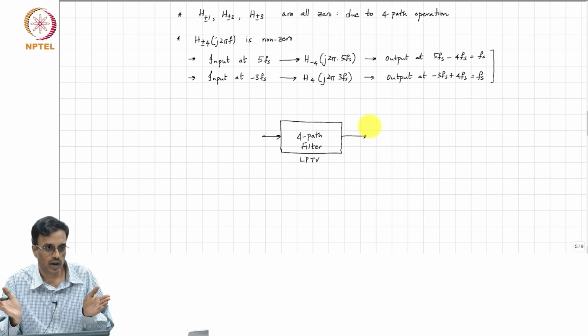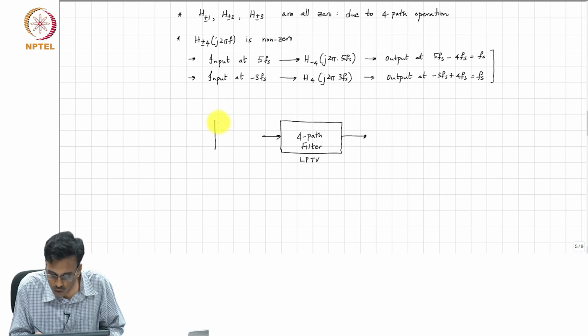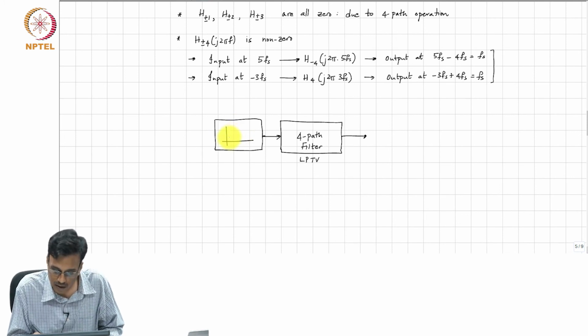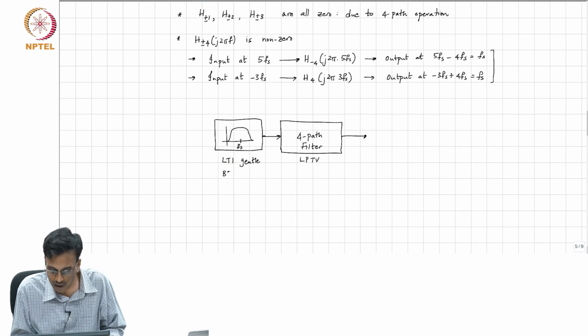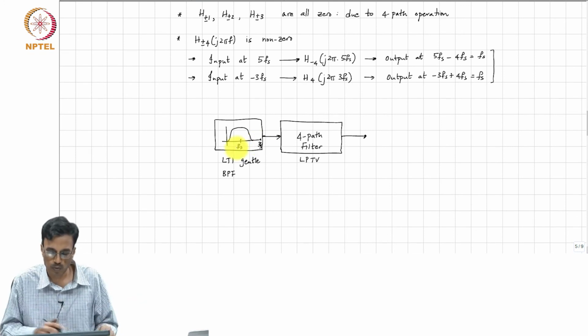If you look at the distance to fs, it is 3 fs. So, what you could do is to put a gentle band pass filter which rejects 3 fs. So, let us say you have a gentle LTI band pass filter. So, this is fs, and this is 3 fs, and therefore at 5 fs it will be even smaller.